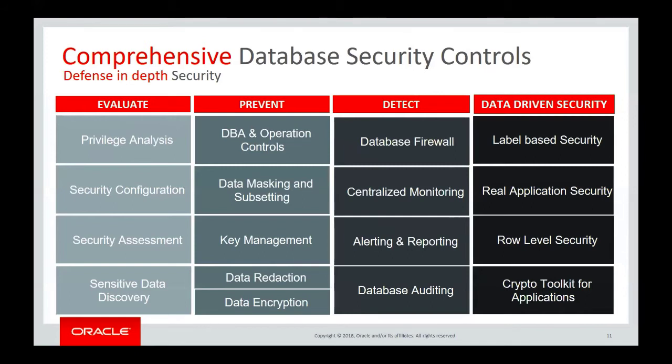And the third way to do row level security, and the newest, is something called real application security. We introduced this in 12, and it's kind of the next generation for virtual private database. What it allows you to do is multi-level security at both the row and column level, where you can have different policies that are enforced. And the idea is to push the security that would normally be done in an application down to the database.